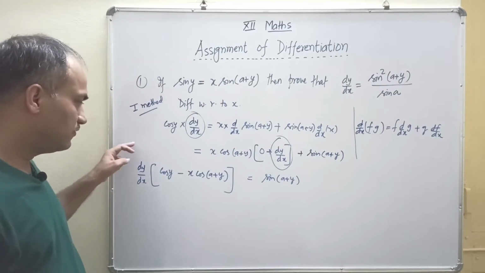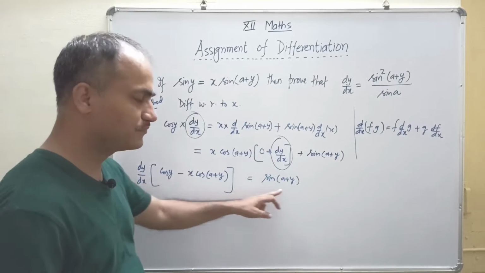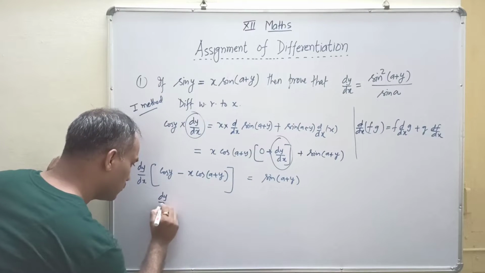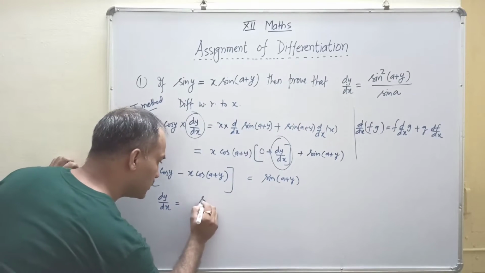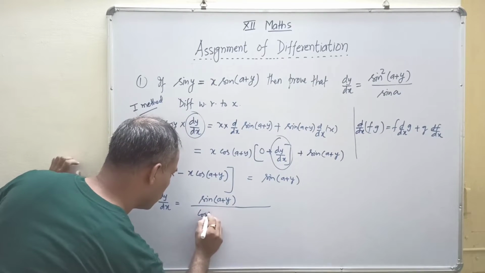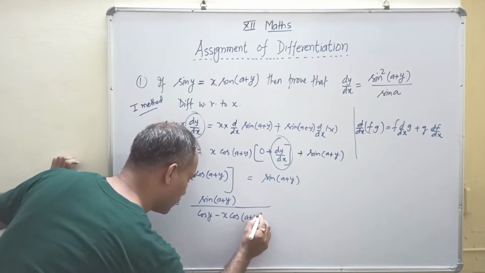So clearly the value of dy upon dx can be obtained by dividing this term in the RHS. Sin(a plus y) whole upon cos y minus x times cos(a plus y).